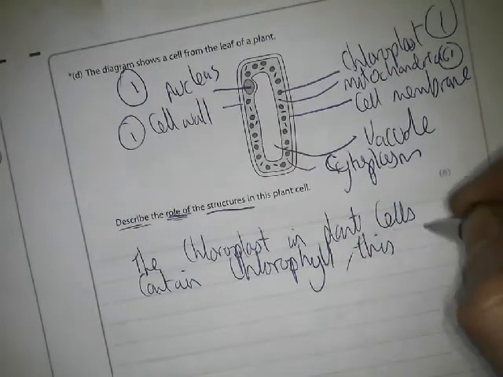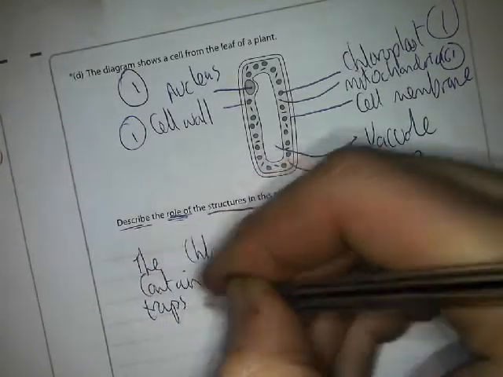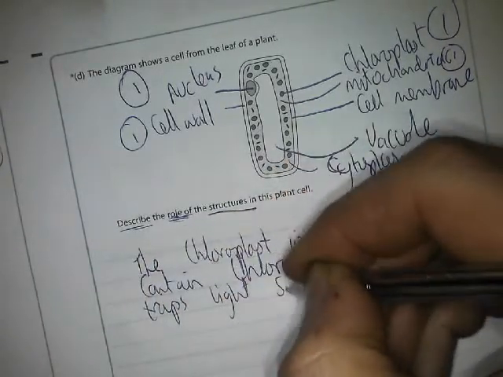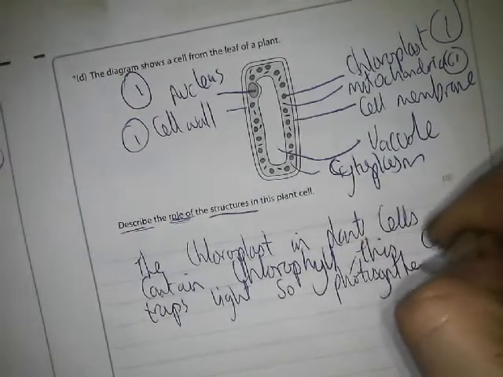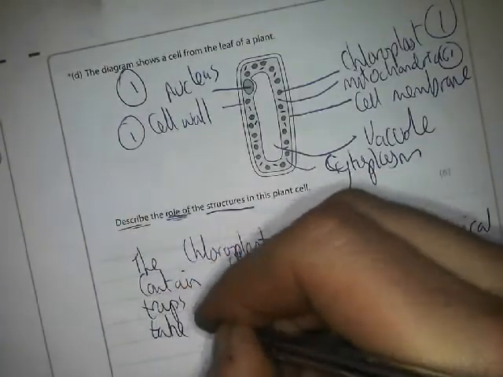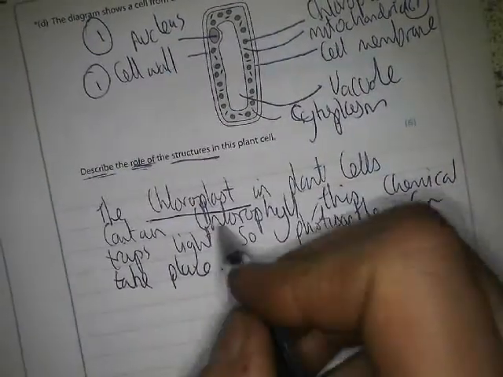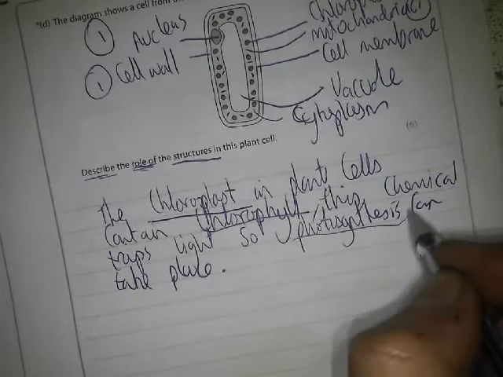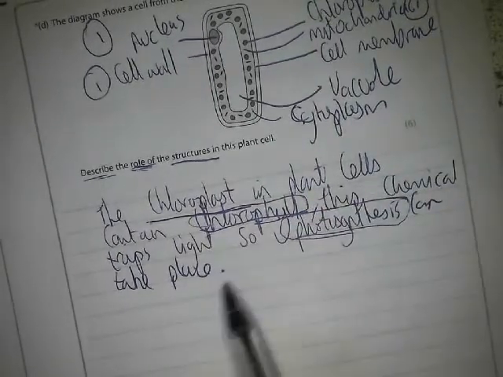This chemical traps light, so photosynthesis can take place. Done and dusted. So that's chloroplast nailed. The key words: chlorophyll, photosynthesis. These are key scientific terms. I'm getting marks. I've got SPAG on this one, don't forget.